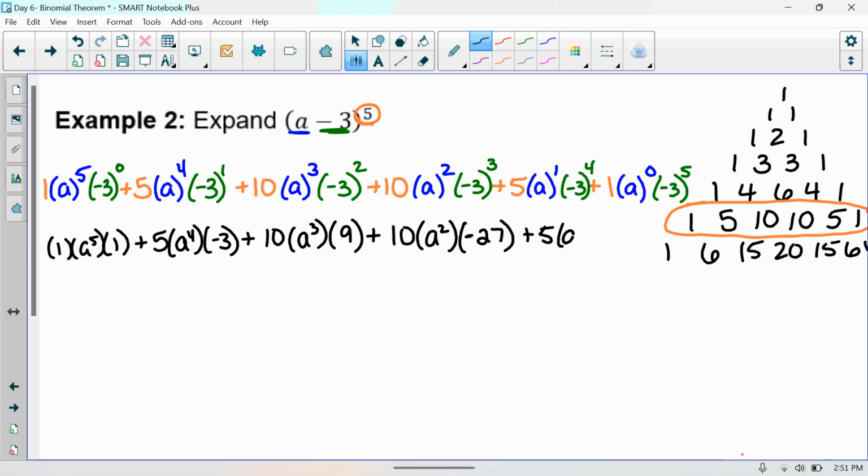Plus 5 times a negative to an even power is a positive. 3 to the 4th is 81. Plus 1 times negative 243.